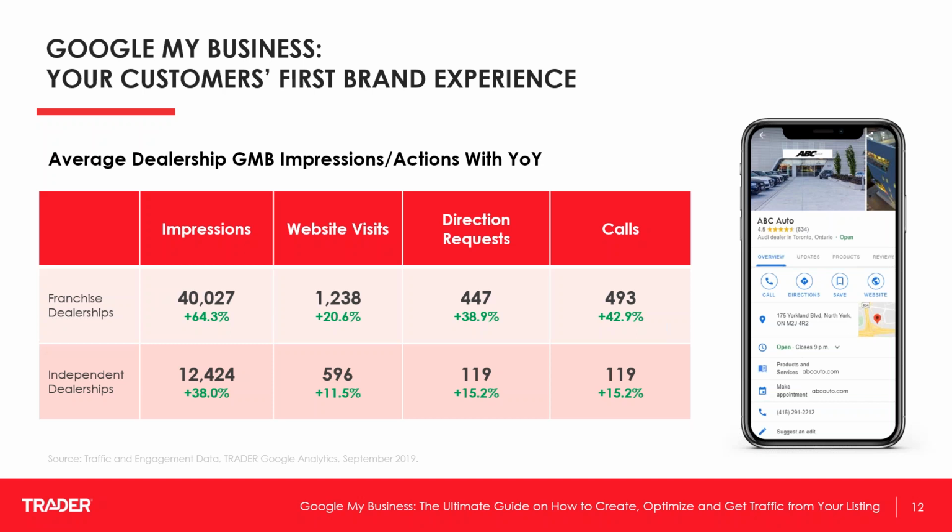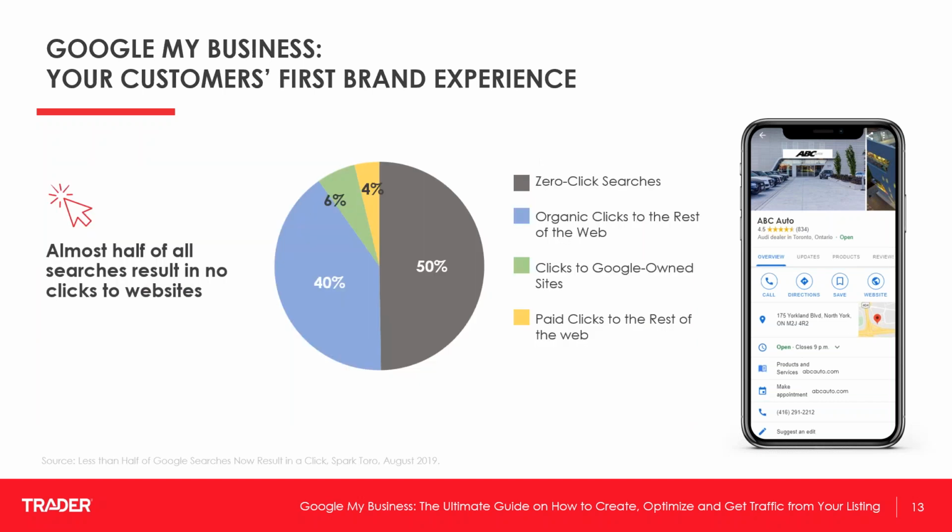Of the average customer growth, we're seeing massive increases in the number of times that these listings show up and the number of actions like visits, direction requests, and calls year over year. So the importance and value of these listings is growing.